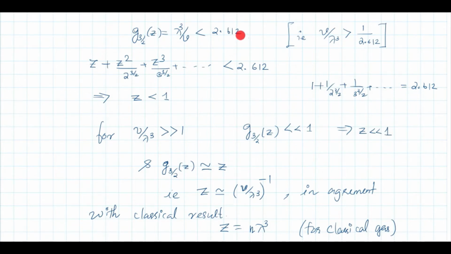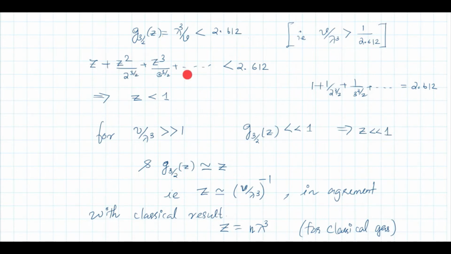So G 3 by 2 Z is less than 2.612. That is the condition. G 3 by 2 Z by definition is given by Z plus Z square by 2 raised to 3 by 2 plus Z cube by 3 raised to 3 by 2 plus etc. up to infinity. This value should be less than 2.612. We know that when Z equal to 1, this left hand side will give you 2.612.